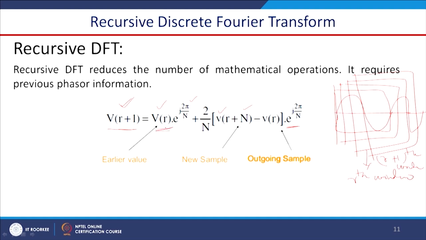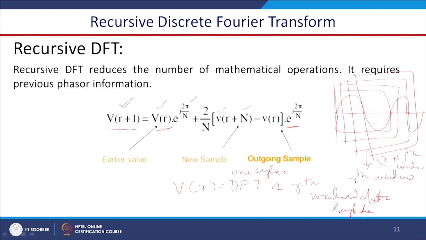This VR is the previous window DFT value. So, what is this VR? The VR is the 1 cycle DFT of the rth window data sample. This data may be voltage data or we may have current data.